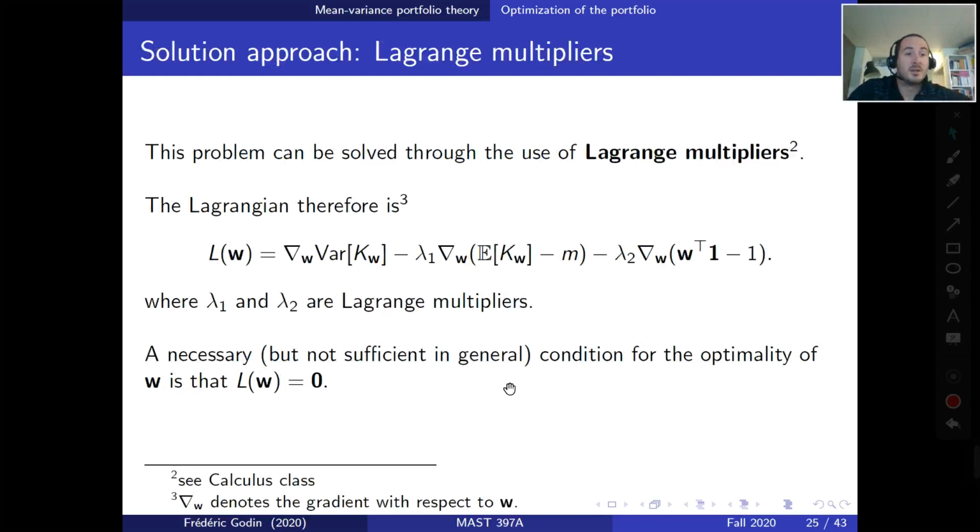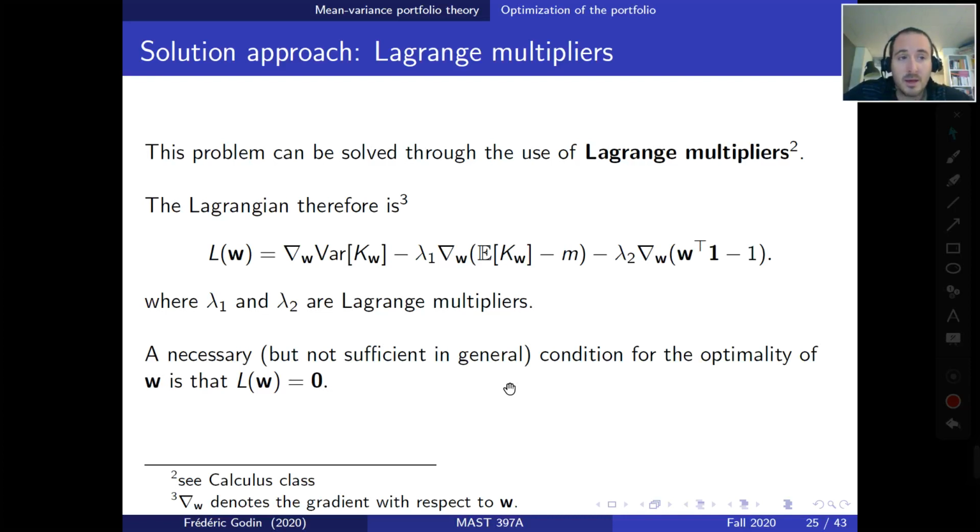Okay, so the previous problem we saw is a constrained optimization problem. So we want to minimize some objective function under constraints. From your calculus class, you've seen that such problems can typically be solved through Lagrange multipliers.